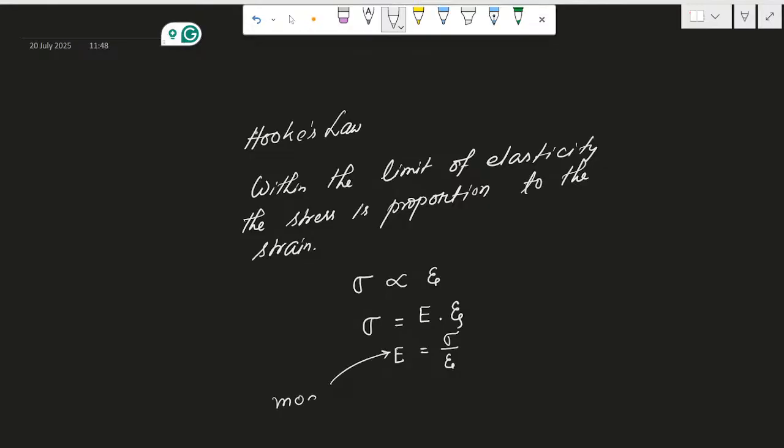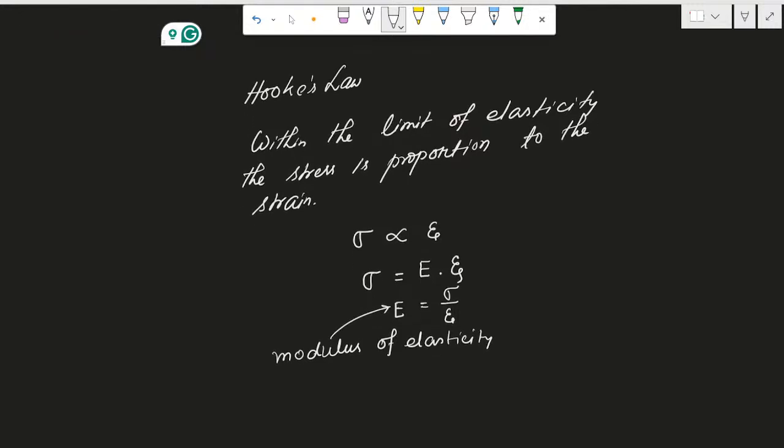Modulus of elasticity. And as you can see, capital E, modulus of elasticity, is equal to stress by strain. Strain doesn't have any unit because it is a ratio. Stress has the unit solely. So the unit of stress is equal to the unit of modulus of elasticity. Whatever the unit of stress, that is the unit of modulus of elasticity.